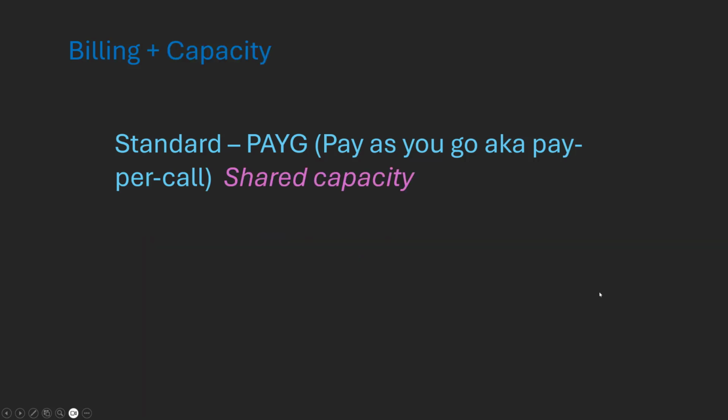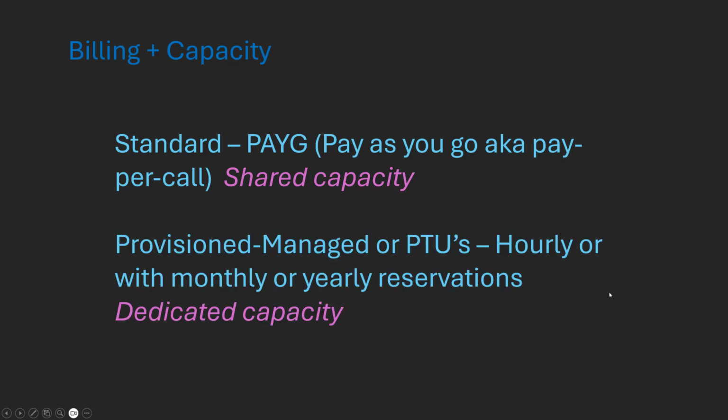Now, let's talk about capacity, because that's tightly correlated to the billing. For standard or pay per call, that is a shared capacity. Maybe you'd use this in a pre-production workload where the demands aren't super high for the calls to the LLM. But provisioned managed, that's going to be dedicated capacity. You're going to say up front how much dedicated capacity you want.